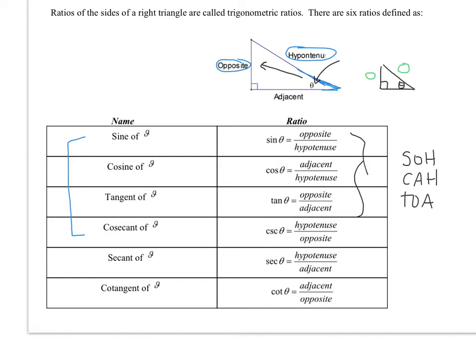Secant is the reciprocal of cosine. So if I flip the cosine ratio, which is adjacent over hypotenuse, I get the secant relationship. And similarly with tangent and cotangent, instead of opposite over adjacent, it is adjacent over opposite. So we're really going to practice setting up these ratios in some right triangles.